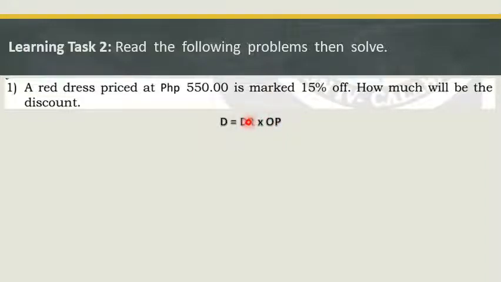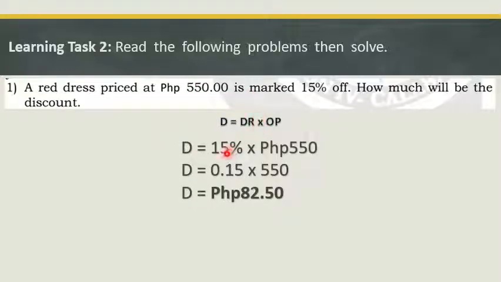So, ang discount rate natin is 15%. Ang ating original price is 550 pesos. So, multiply natin 15% sa 550. 15% pag decimal is 0.15. Times 550, ang ating discount is 82 pesos and 50 centavos.